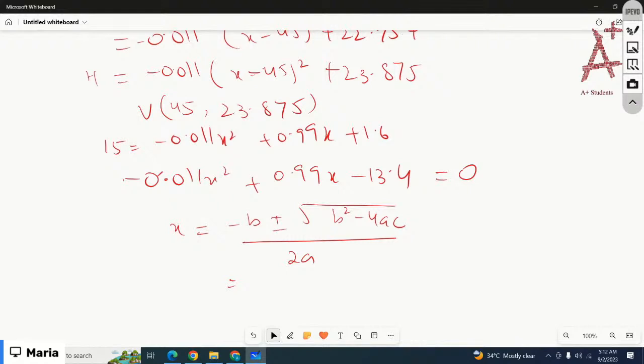Okay, so it is 16.60 and 73.40. That means the firefighter could stand either 16.60 meters or 73.40 meters away from the window and still have the water pass through it, right?